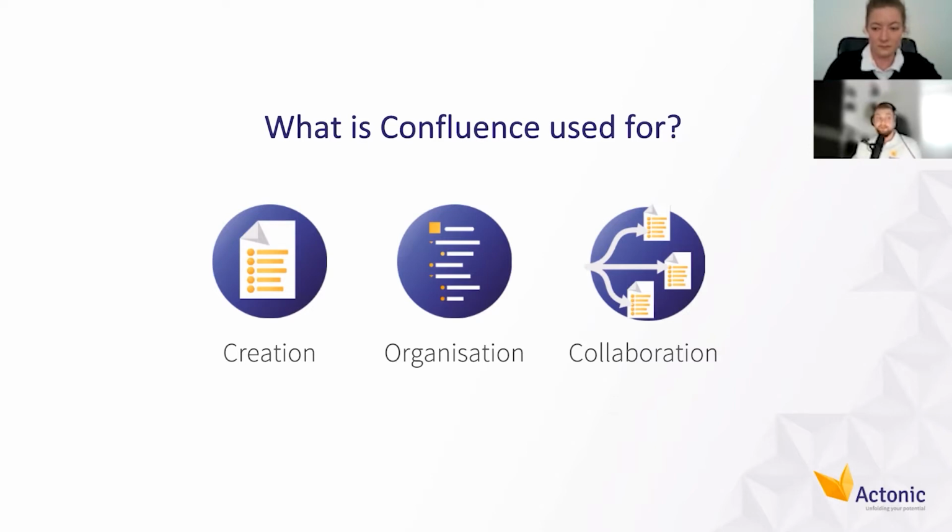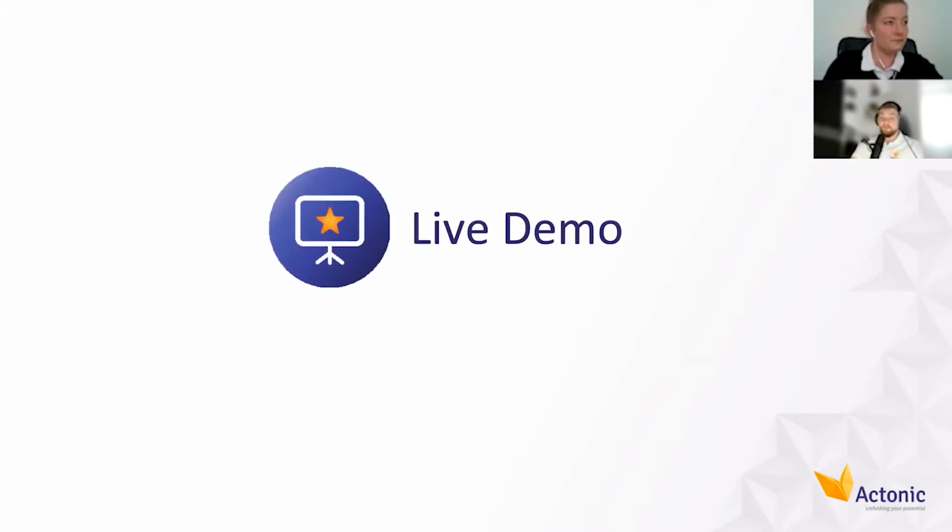But for the understanding, we prepared a bit of a live demo. We go through a few steps by creating a space in Confluence, creating pages in Confluence, like parent pages and child pages. And later we will do a bit of cooperation and collaboration work in the Confluence pages.